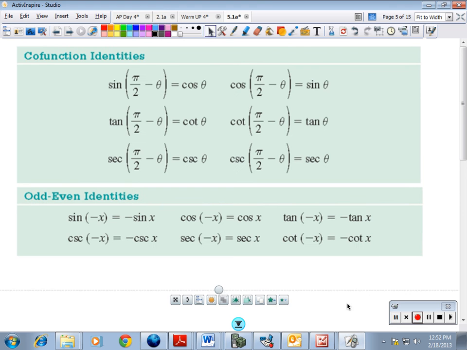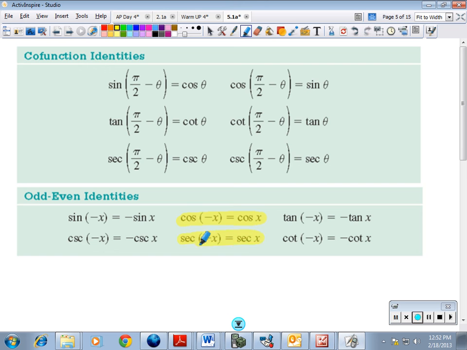Moving on. More identities. These are the cofunction identities and the odd and even identities. Remember that cosine and secant are even functions, and remember that f of negative x equals f of x if a function is even.